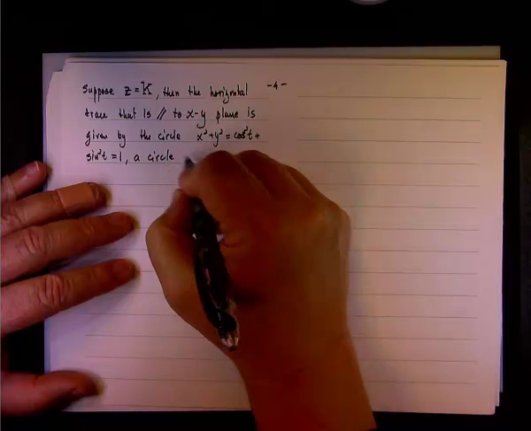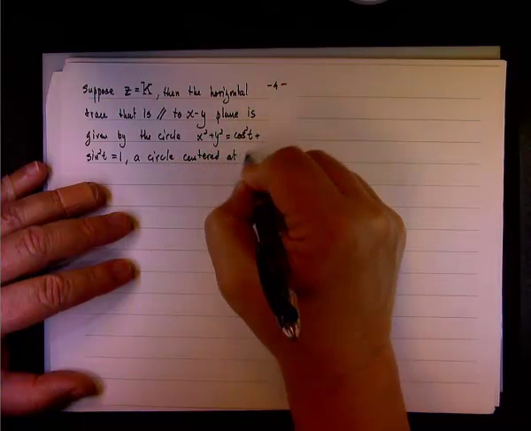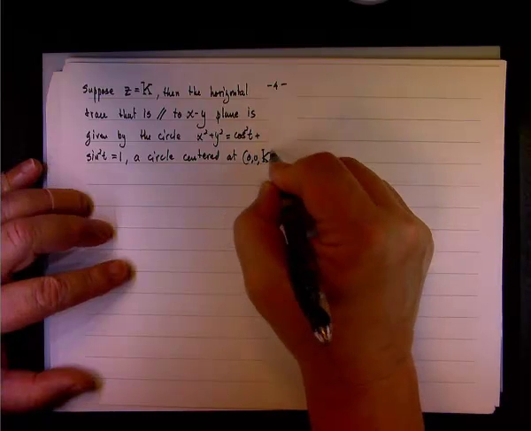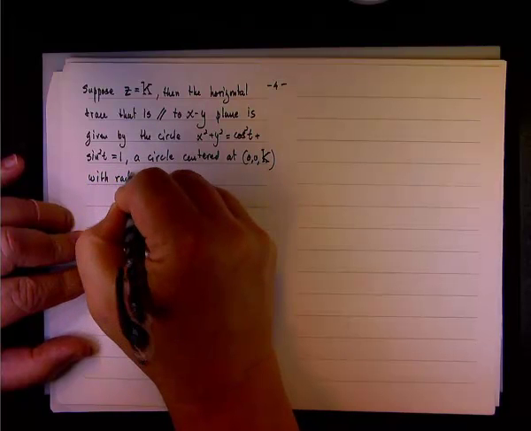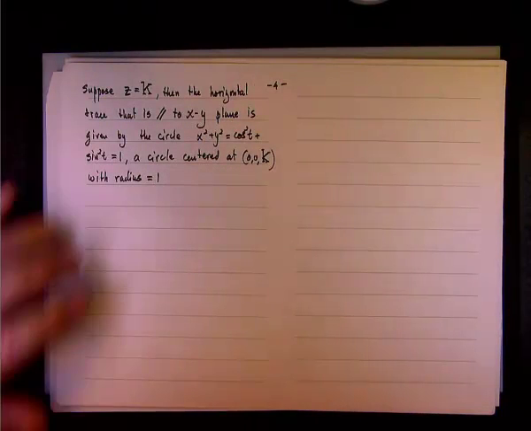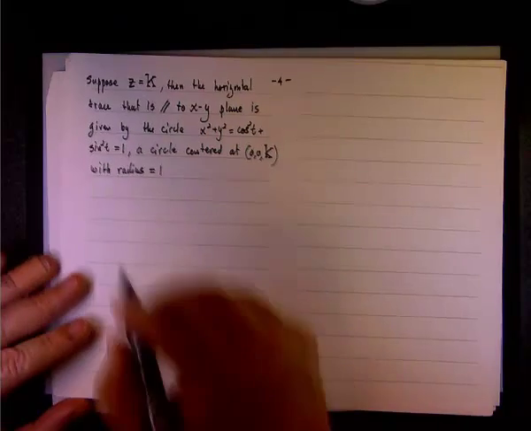Okay? In other words, we have a circle centered at 0, 0, and then that k value, with radius equal to 1.